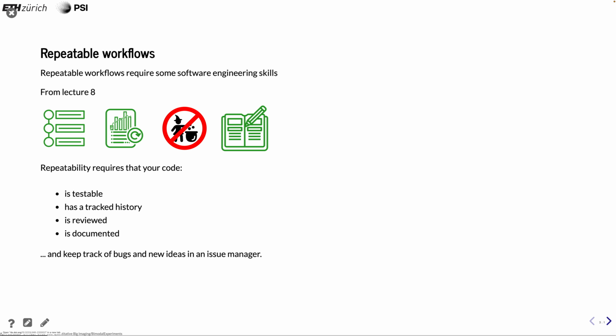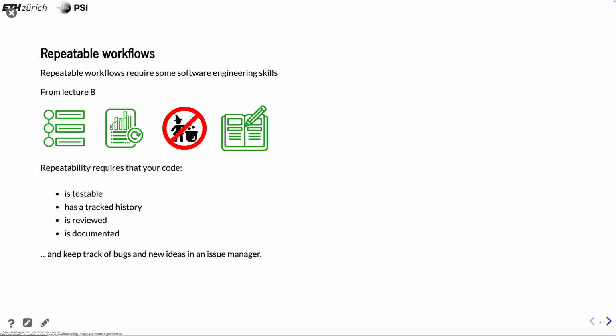And to get the repeatability, we need the code to be testable, and there should also be a tracked history on it, and it should be possible to be reviewed, maybe by a colleague or nowadays also on services like GitHub, there is an AI reviewer which actually can also catch one or the other inconsistency in your code. And finally, of course, you also want to have it documented.